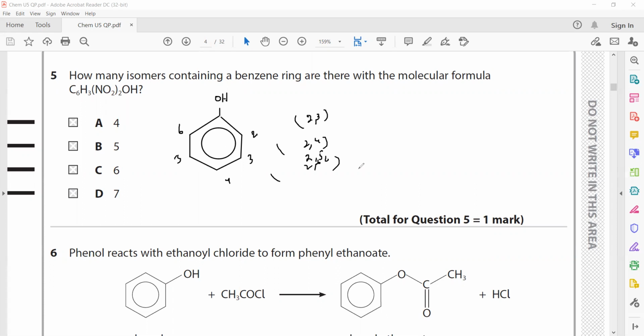Then if we have the third position, it can be third and fourth position, and third and fifth position. If we say third and sixth position, that does not make a difference because it will become 2 and 4, because we count from the nearest one. So 1, 2, 3, 4, 5 and 6 possible isomers. That's why C is the right answer.